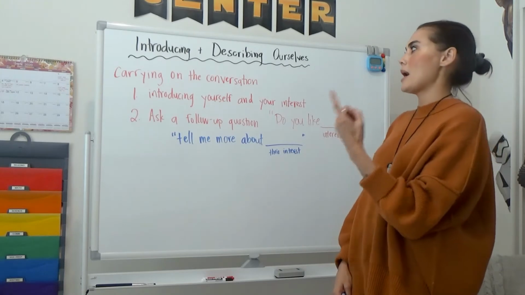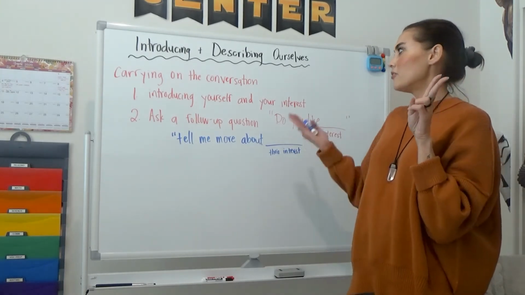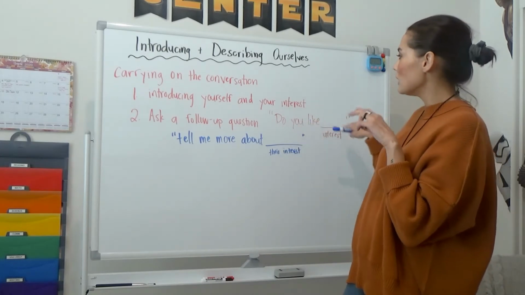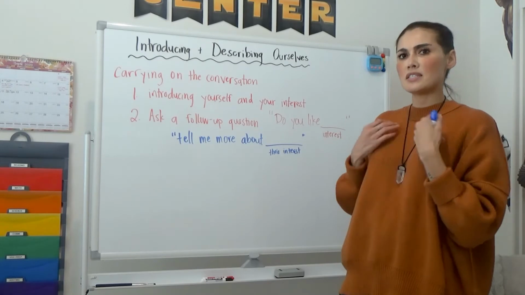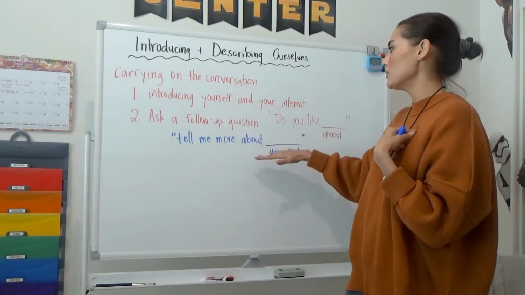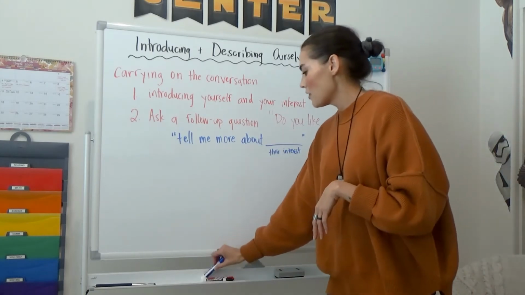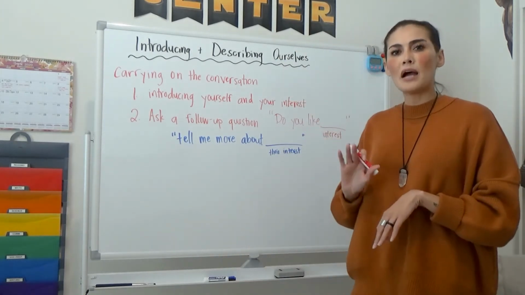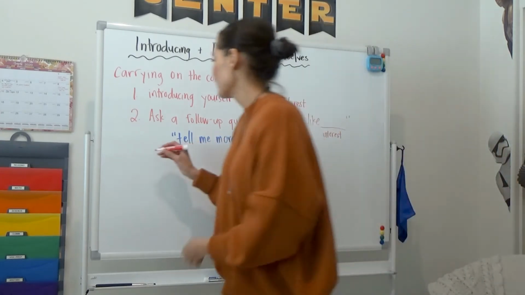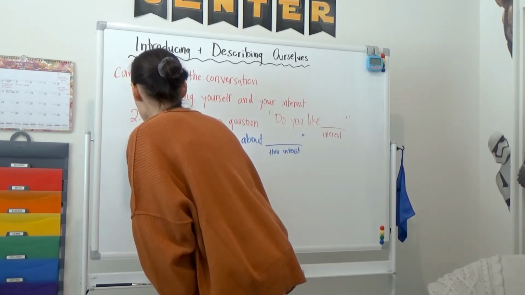So first step, I introduce myself and my interest. Second step, I ask a follow-up question, do you like, or if the other person has shared their interest, I can say, tell me more about blank, whatever their interest was. The third thing you want to do, just to have a nice, well-rounded interaction, is make a comment.